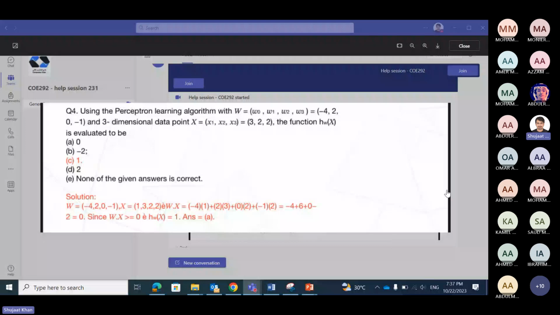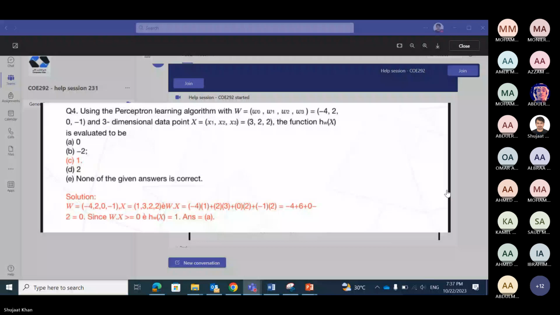That's why it's taking too long. Yeah. Can you see the screen?